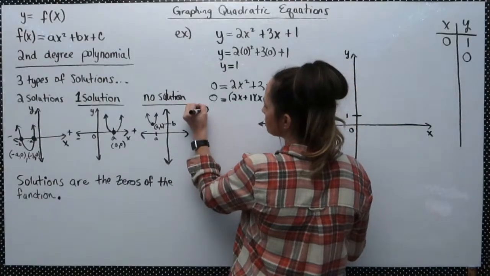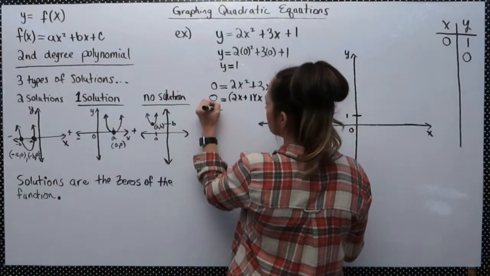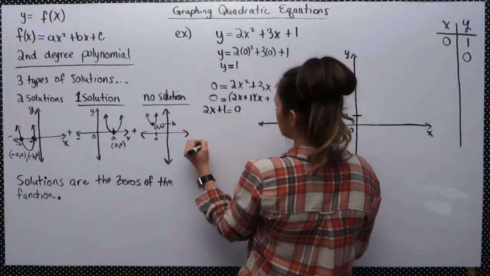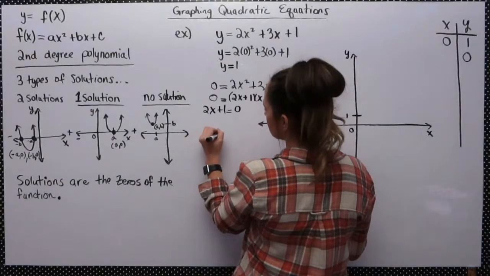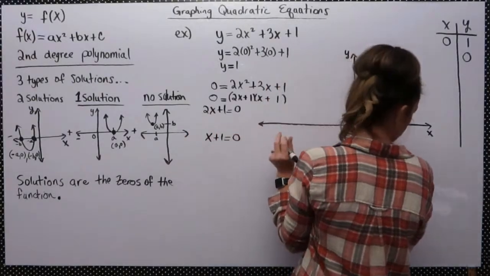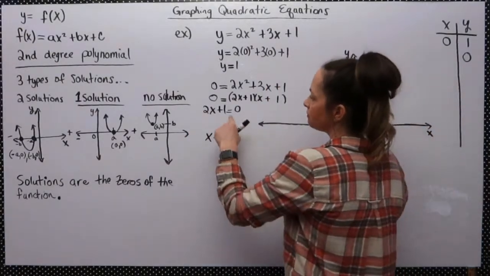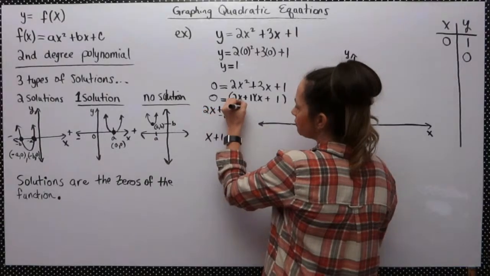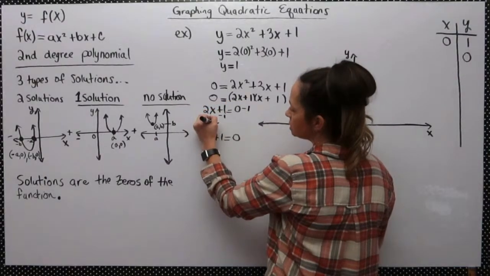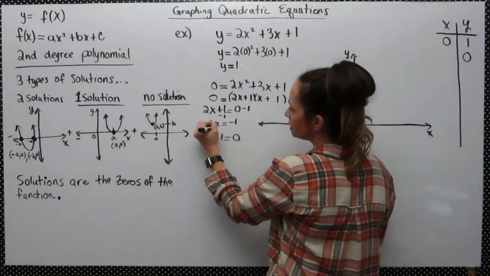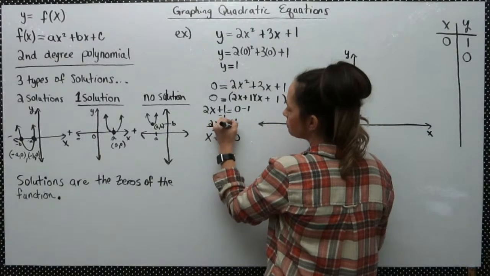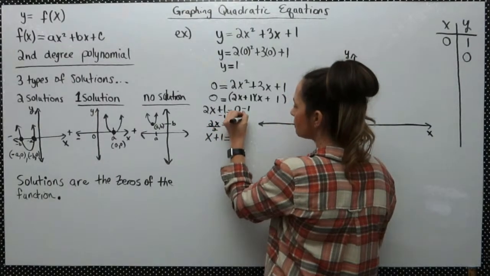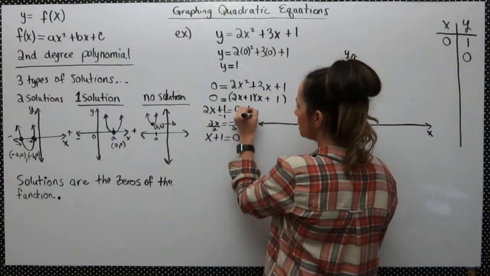So we've got 2x plus 1 equals 0, and x plus 1 equals 0. For the first one, we subtract 1 from both sides, so 2x equals negative 1, and then divide by 2. So I've got x equals negative 1/2.